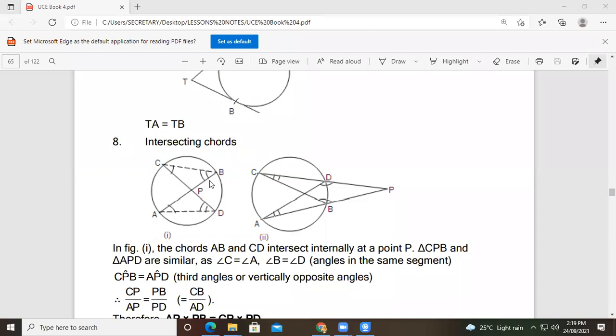So a chord is just a line that is drawn within the circle. It is a straight line that is drawn within the circle. A chord does not pass through the center. A chord just passes anywhere. It can be drawn from anywhere.